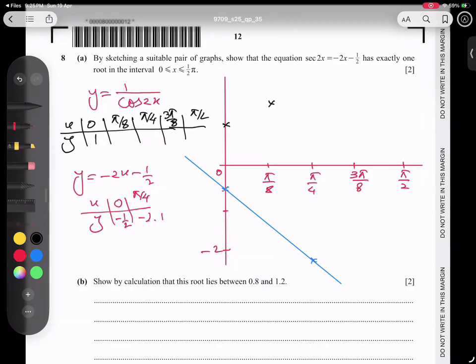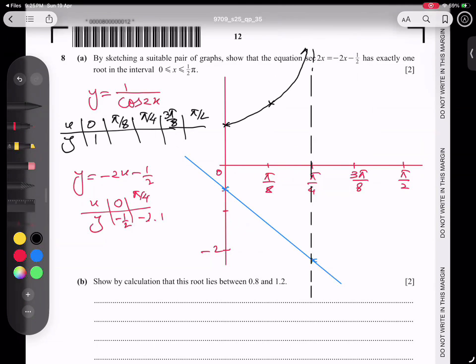And when I plug in pi by 4 here, 2 times pi by 4 is pi by 2. Cos pi by 2 is 0, and 1 by 0 is infinity. So basically at pi by 4 I'm getting infinity. So I'm getting an asymptote. Okay, this is done as an asymptote because nothing is there. So it means the curve is going this way and this way and this way, continuing forever.